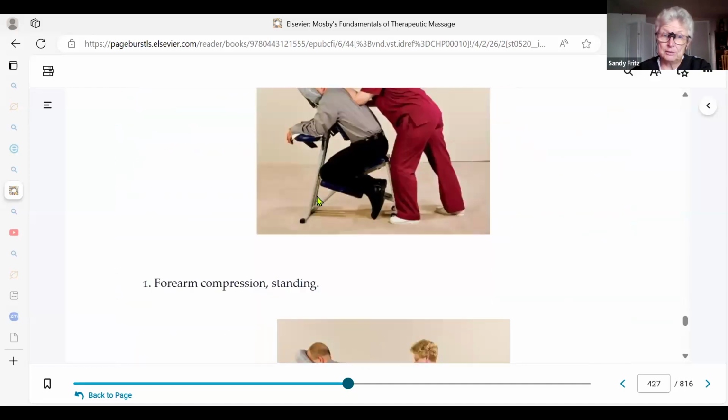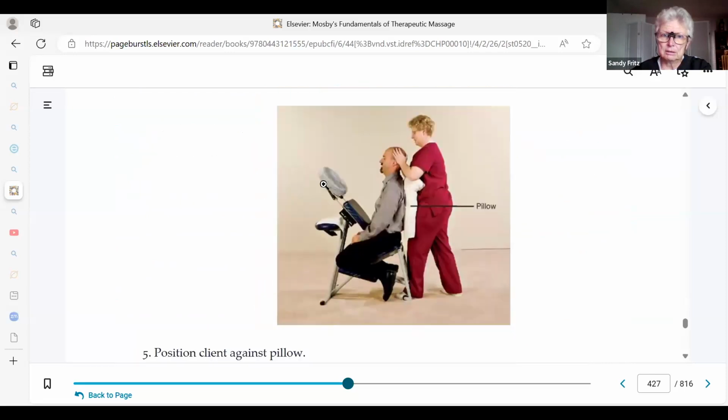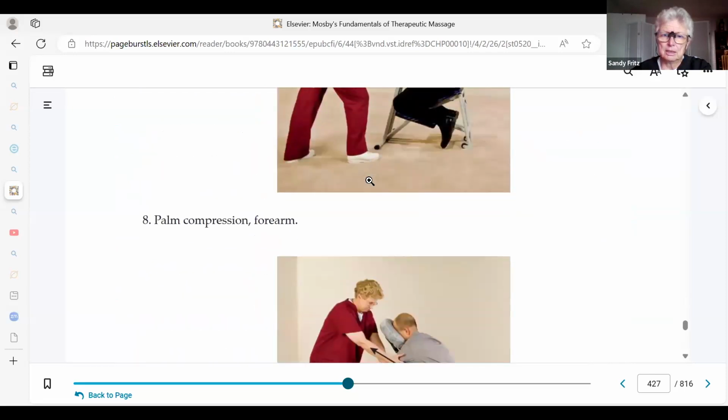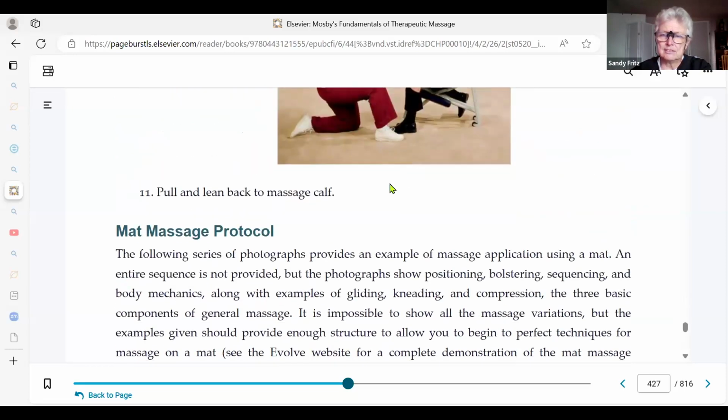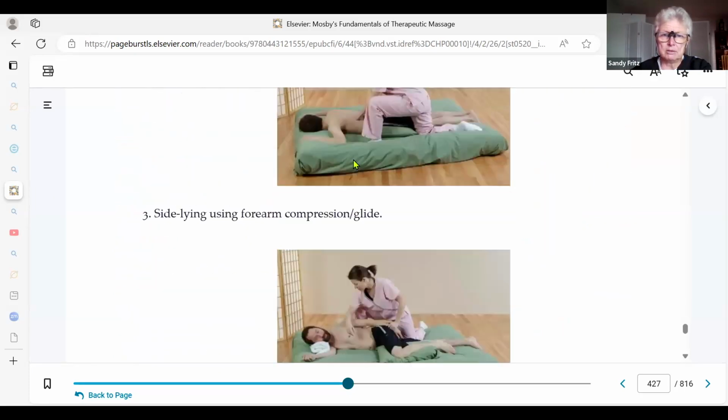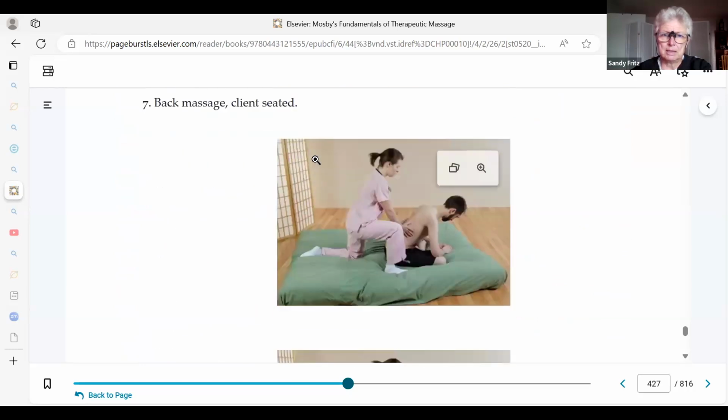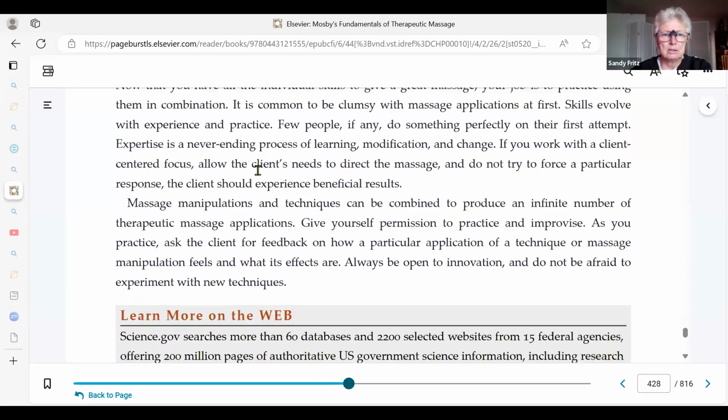Then there is a sequence for seated in the chair. And again, lots of support videos on the Evolve site and the YouTube channel. And then here's Matt working on a mat.